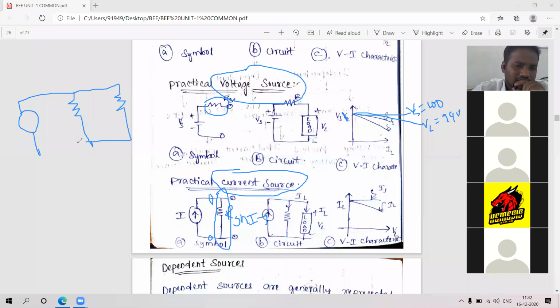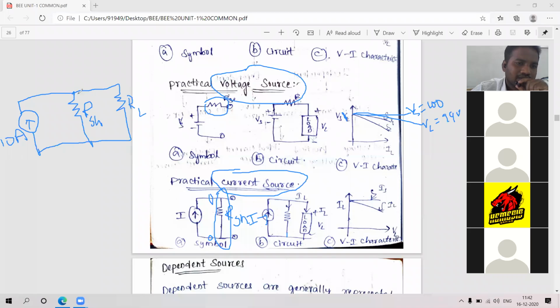You can see the diagram. It is not neat, but you just follow. Suppose this is 10 amperes, and this is RSH, and this is RL.